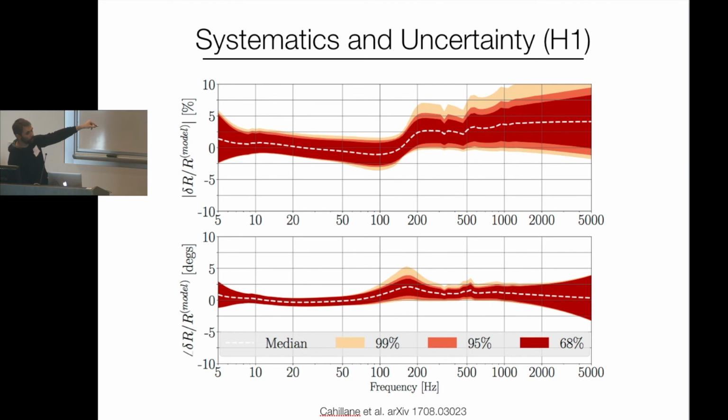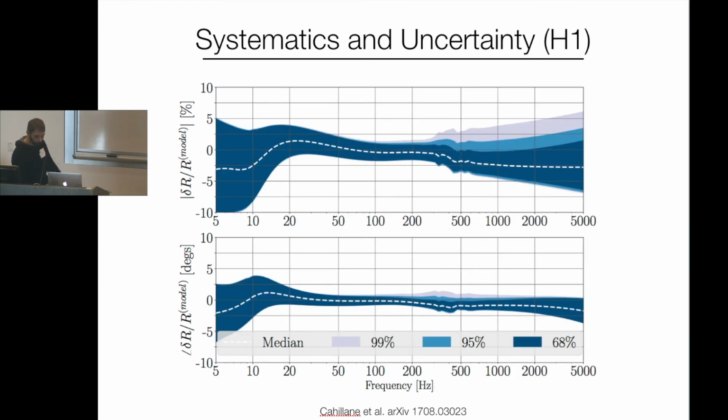But of course, we don't work with ideal detectors, so there's always going to be some level of systematics. They're always at the level of a few percent, which is very manageable. And in phase, it's even a little bit better, maybe 2.5 degrees or less, which is good.